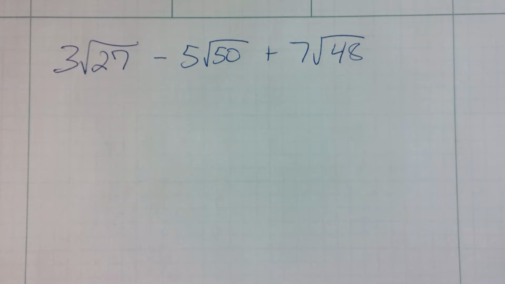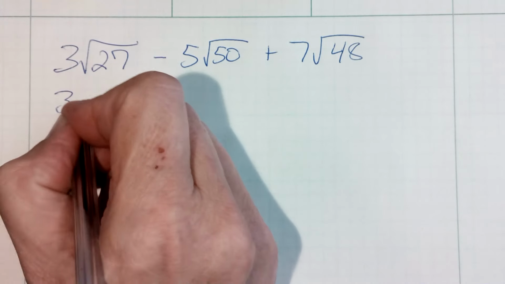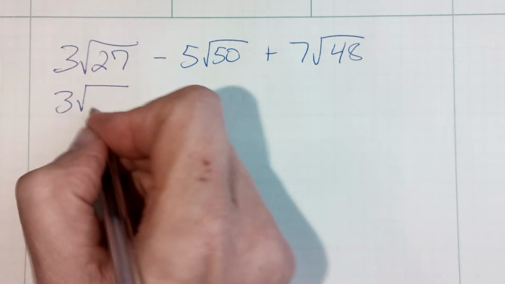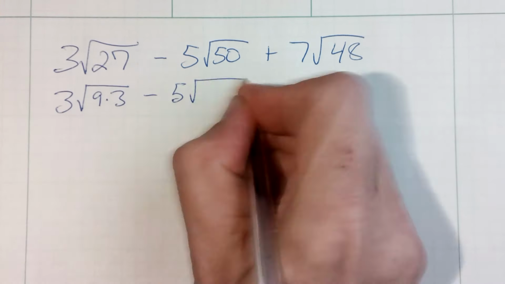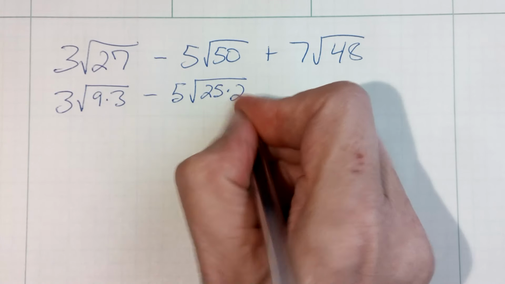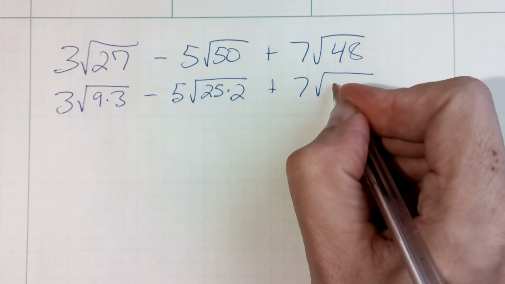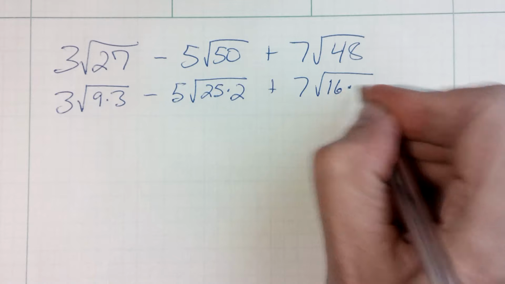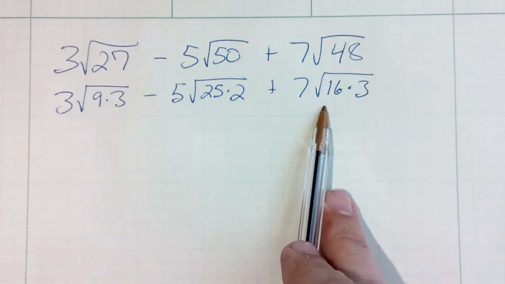Looks good. All right. So again, initially we look at those and we say, hey, those do not combine. We can't combine those. But let's start to reduce. Let's realize that 27 is a 9 times a 3. Let's break up the 50 into a 25 times a 2. And let's break up the 48 into a 16 times a 3. You might even have broken it down further, like a 4 times a 4 times a 3.